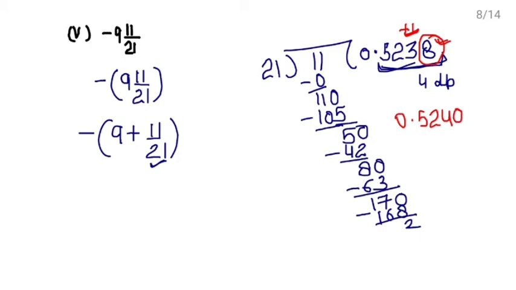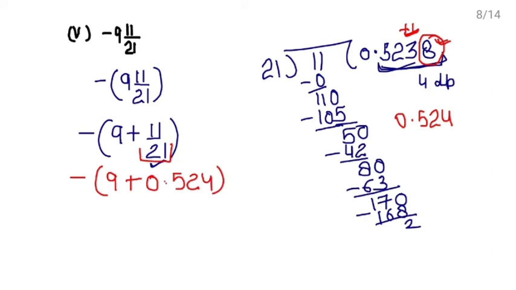Now in decimal numbers, if you have 0 at the end, it doesn't make any change. So this is equals to 0.524. So right here 9 plus value of this to the 3 decimal place is 0.524.